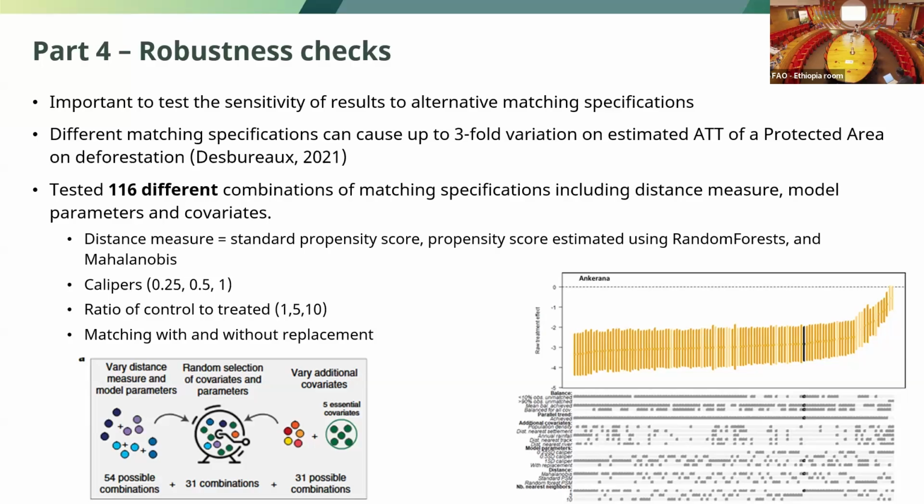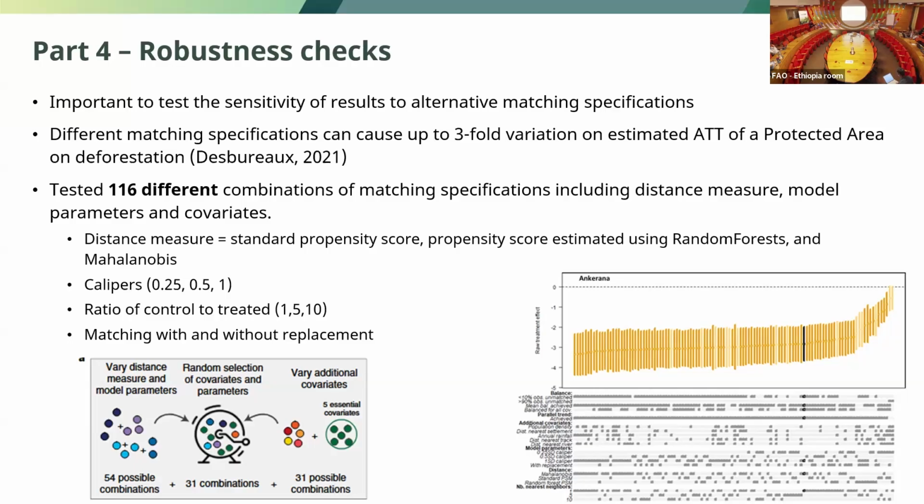It tests matching with replacement or not. It tests using a Mahalanobis distance measure compared to the propensity score, which is the GLM. It tests using a ratio of 1 control to treated or 5 controls to treated. And it tests every possible combination of those, which results in 16.